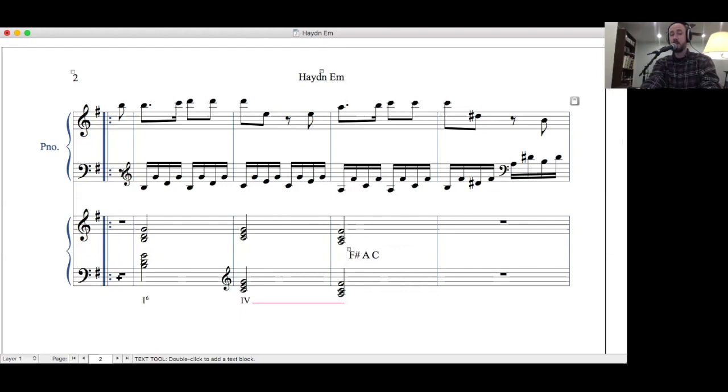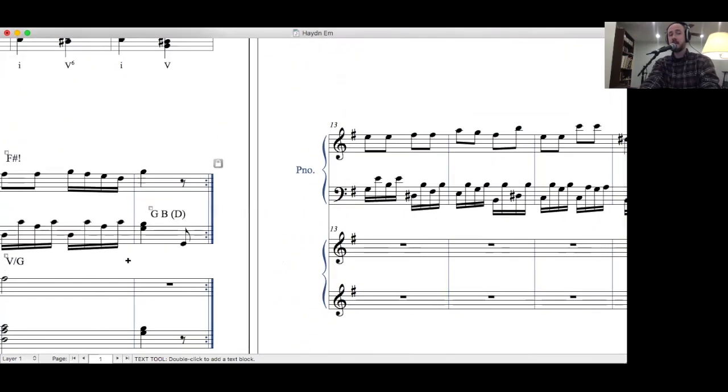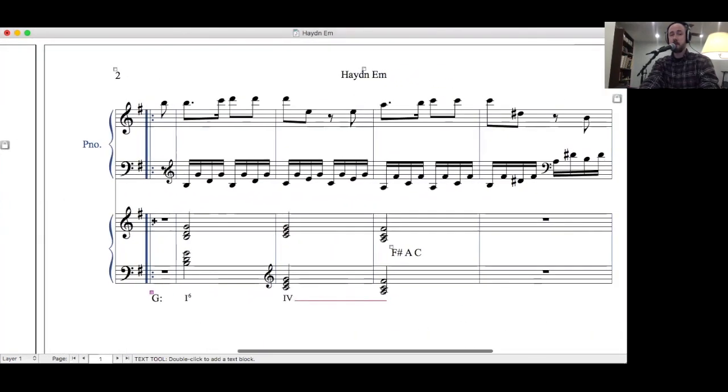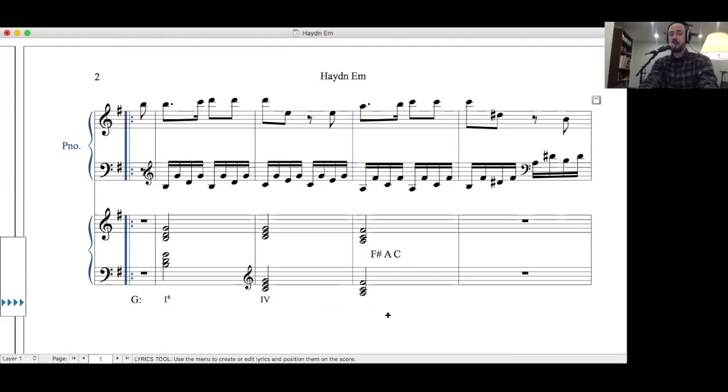So if we're in G major, which we are, let's just remind ourselves of that. Why are we in G major now, by the way? We're in G major because we cadenced in G major, right? We have an F sharp, A, C chord. What do we call the F sharp chord in G major? It's 7.